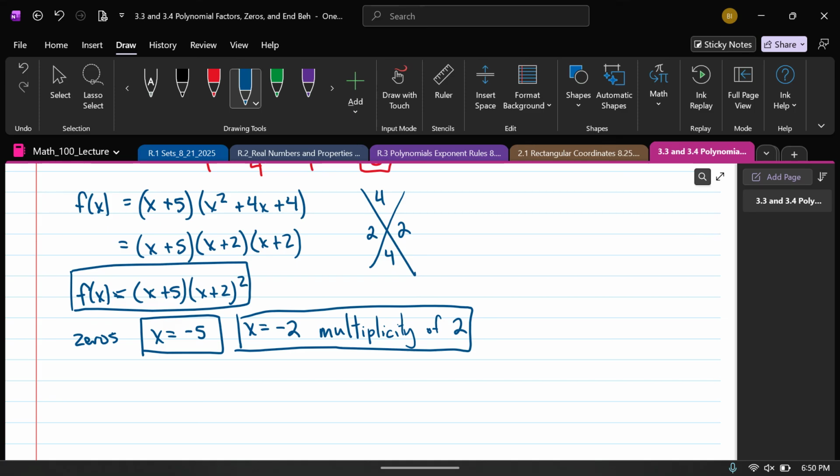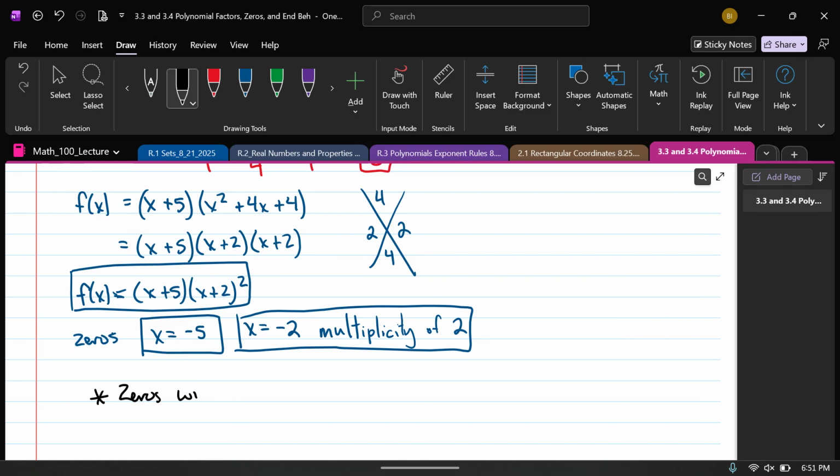Anytime you have a factor that's there more than once, it has a higher multiplicity. Okay? If the factor is there more than one time, it has a multiplicity. Now, the cool thing about the graphs is that you can see on the graph when it has an even multiplicity and when it has an odd multiplicity. So, make a note here.